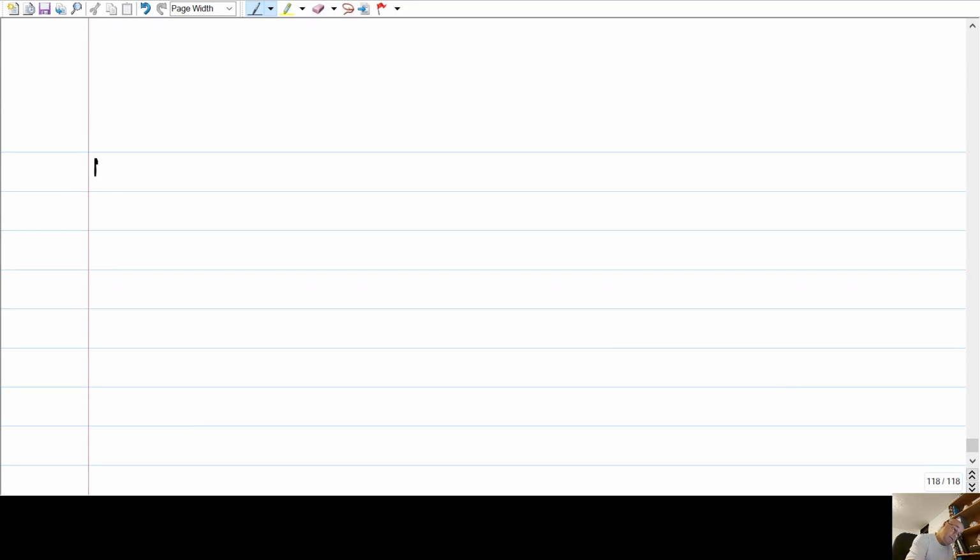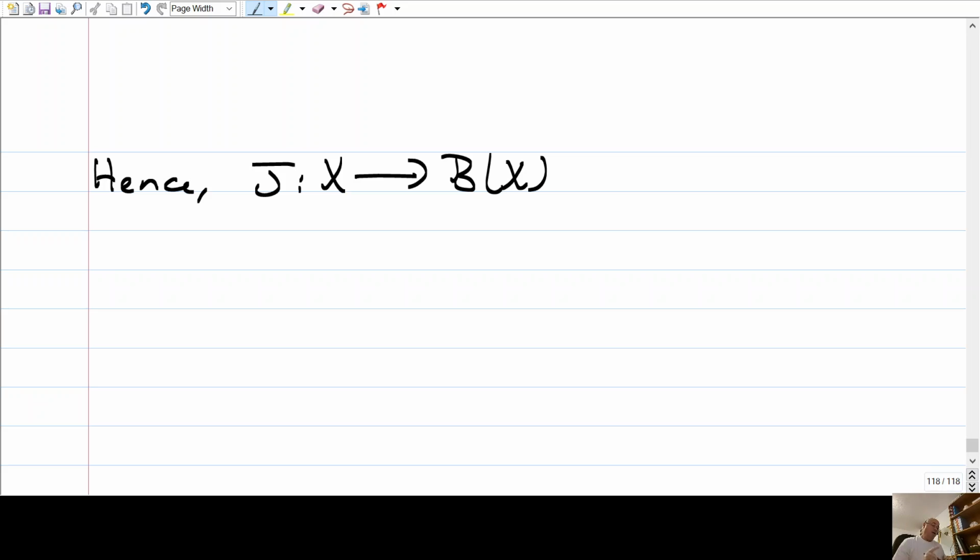Hence, this J is really a function from X to Bx. Okay, and then we claim J is an isometry.